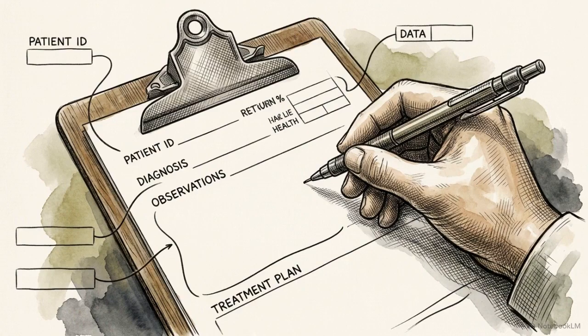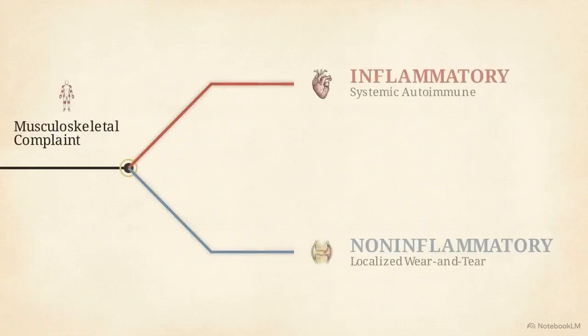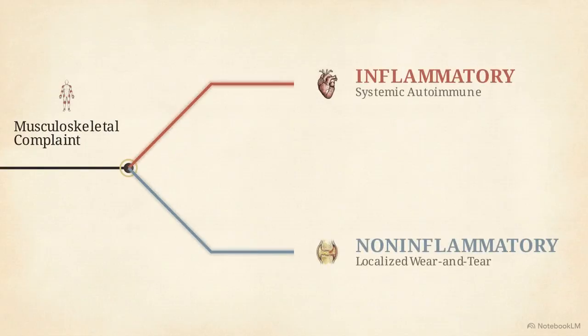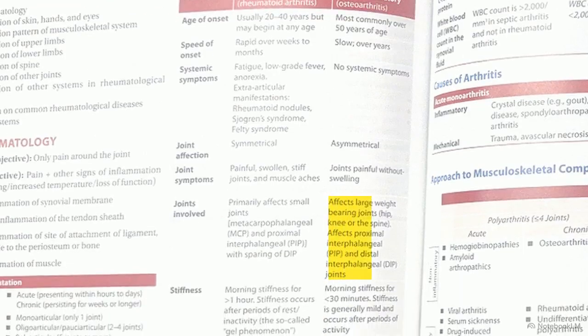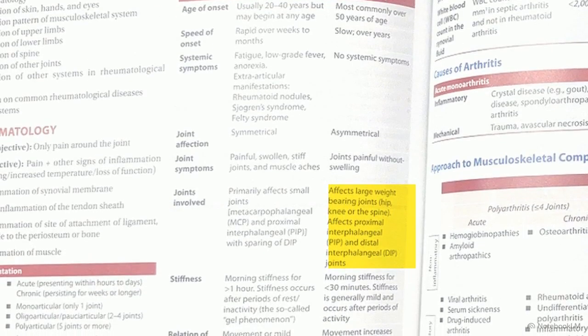The immediate objective of the patient history phase is simple: force all musculoskeletal complaints into one of two distinct pathological branches. This table details the categorical features of inflammatory versus non-inflammatory disease. The non-inflammatory branch, like osteoarthritis, is driven by localized wear and tear in weight-bearing joints.